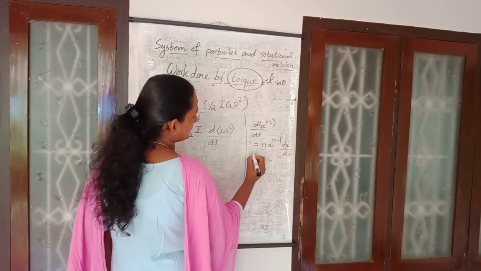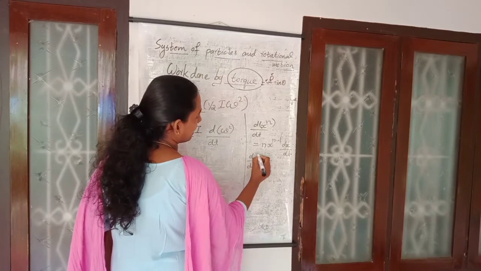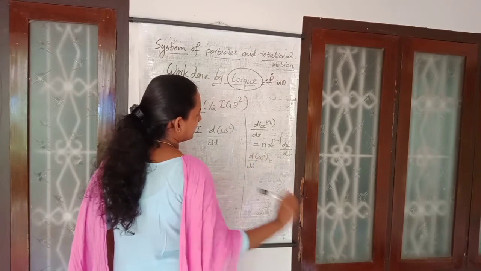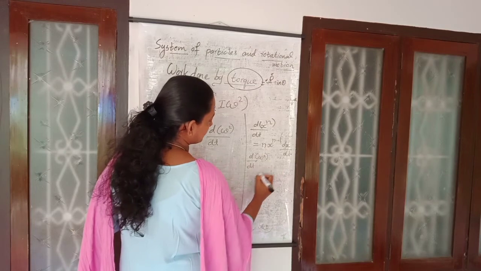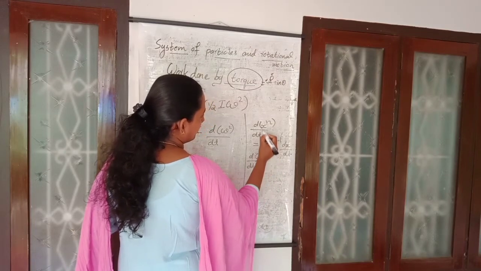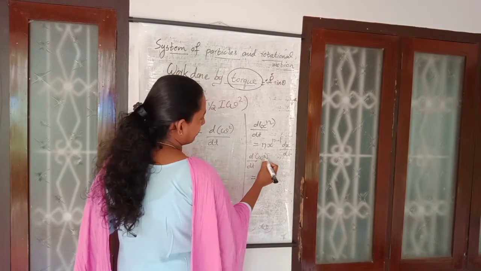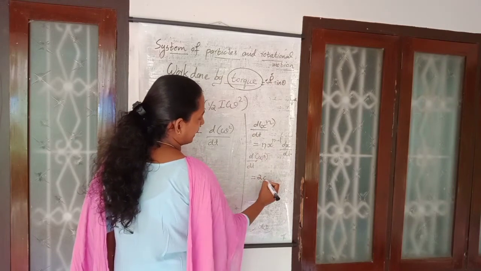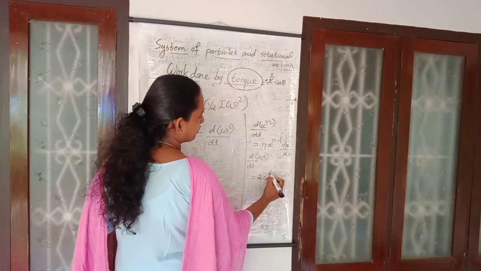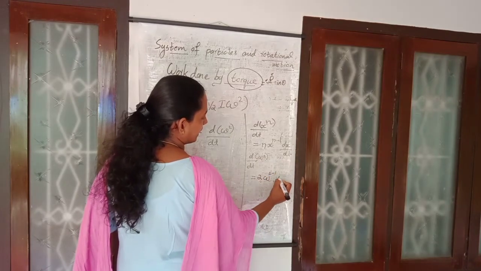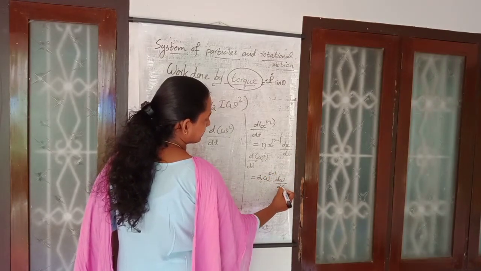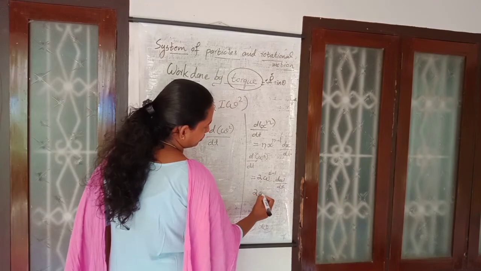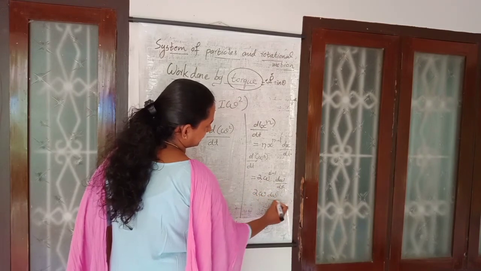So d by dt of omega square: instead of n it is 2. Therefore 2 omega raised to 2 minus 1 into d omega by dt. Therefore it becomes 2 omega d omega by dt.